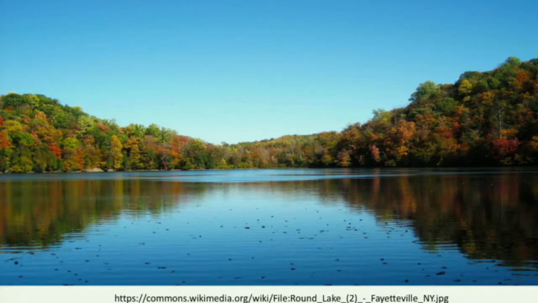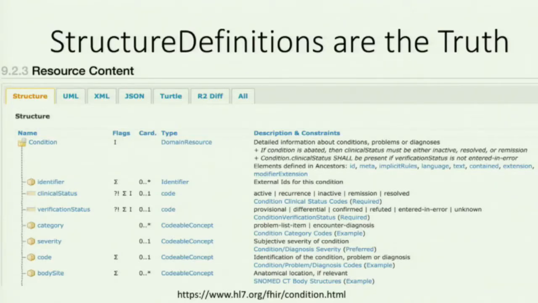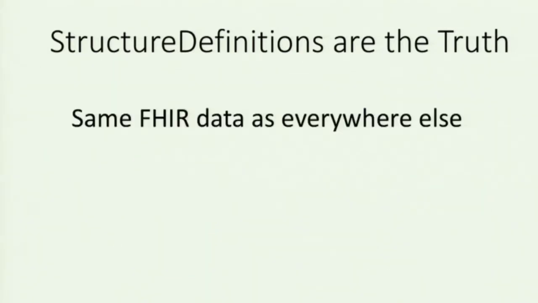So what does our data lake look like? After all, this is a FHIR talk. And we really believe that the structure definitions are the source of truth, and that all of our schemas, everything like that, should be driven from the FHIR structure definitions unambiguously and generated by them, so there's not a human trying to re-implement them. And by that, we want the same FHIR data represented in our data lake as used everywhere else.